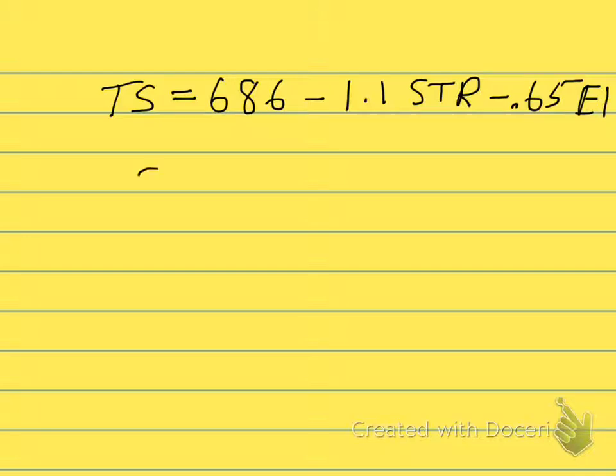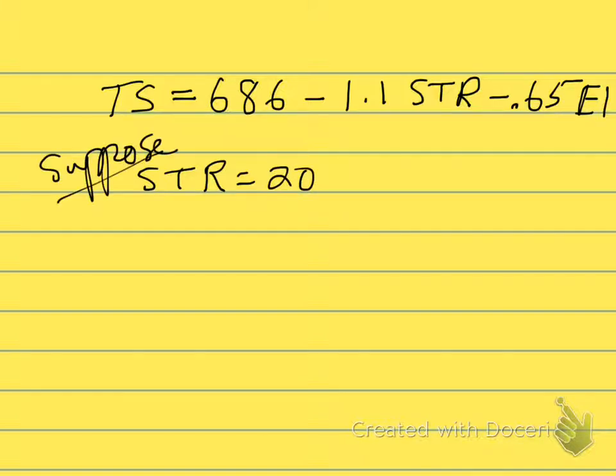So suppose we have a school district that has a student-teacher ratio of 20. We imagine, or look in our data and see if there is one. And the same school district has English language learners of maybe 50%.